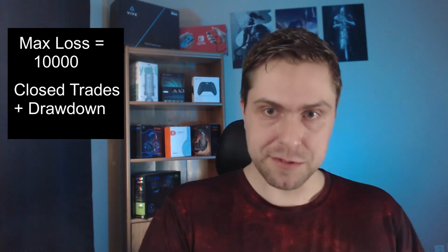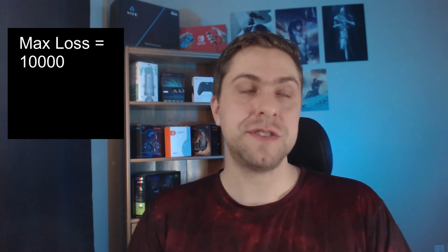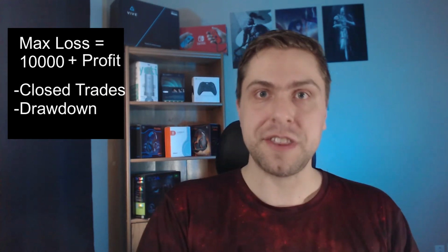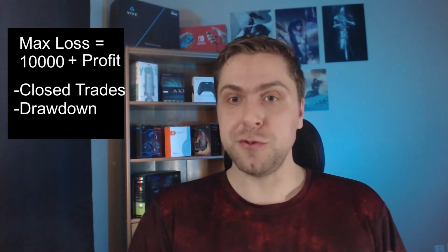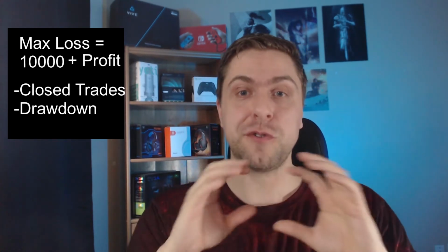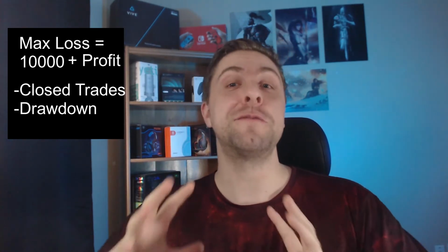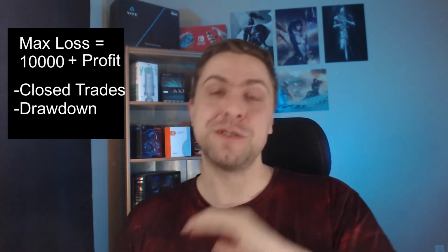For the maximum loss, any profits that you've made add on to this. So say you start your account with 100,000, but now you're at 105,000, you could stand to lose 15,000 before you basically stop out and lose the challenge. Now you can't lose this all at once because of the max daily loss, which is the next thing.